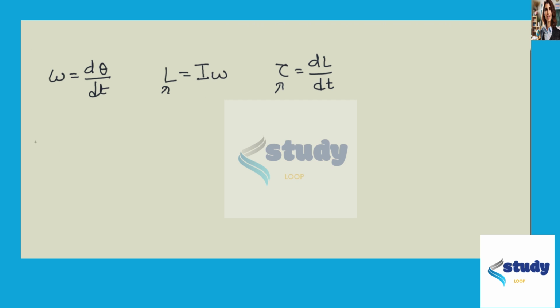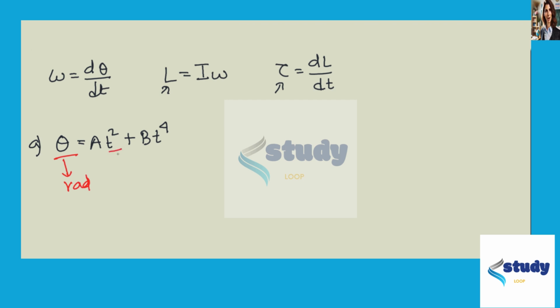So let's talk about part A first, where we need to figure out the units of A and B. The expression that we have here is theta equals A t squared plus B t to the power 4. Now the unit for theta is radians, so this is radians.